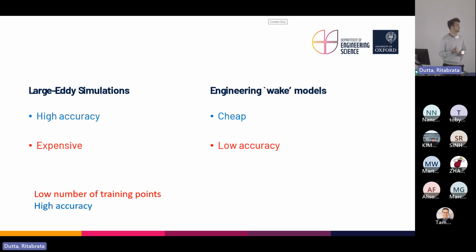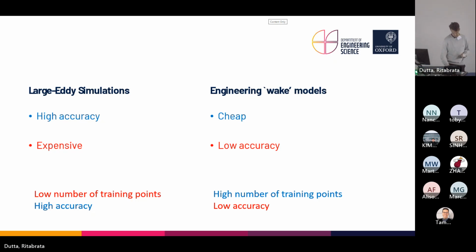And this low number of training points may ultimately limit model accuracy. Alternatively, we could train our model using wake model simulations. So we'd have a high number of training points because it's very cheap to evaluate, but the low accuracy of each data point might ultimately limit the accuracy of the model as well.